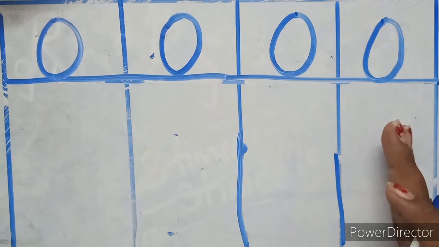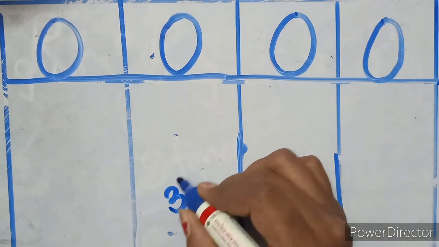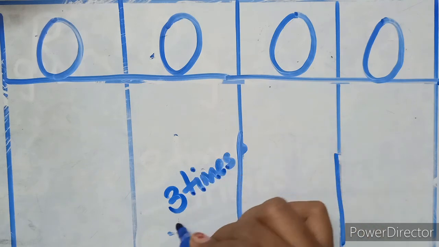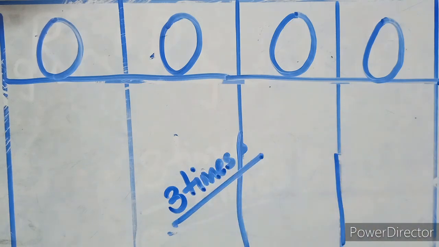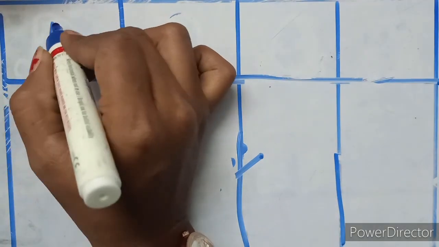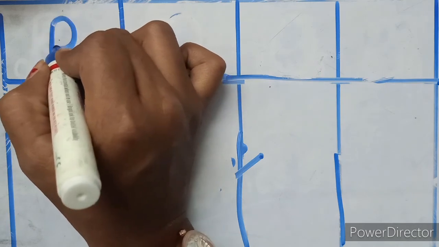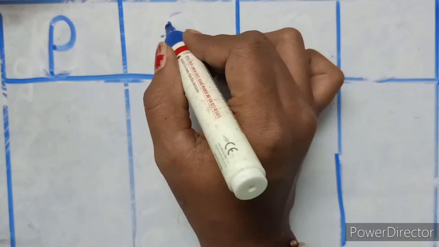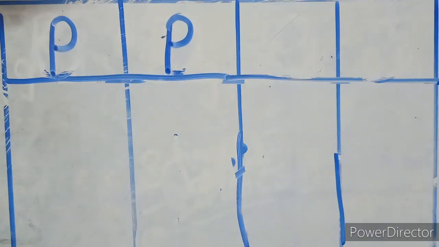This is how you are going to write 3 times in your notebook. That is your homework. The next page we will write letter P. P for parrot, P for peacock.